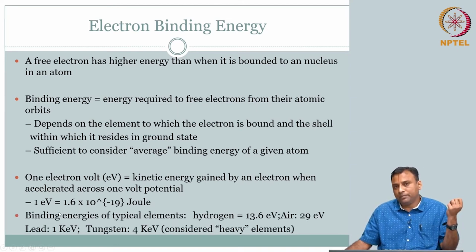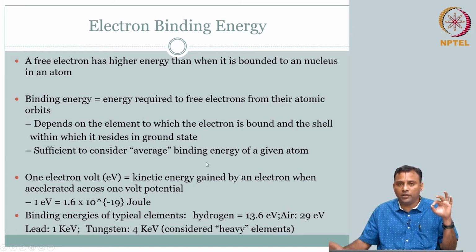So, typical energies, just so that we complete, because we said it depends on the element type. Look here at the binding energy of typical elements: hydrogen is 13.6 electron volt, air 29, and look here, lead and tungsten, in kilo electron volt.